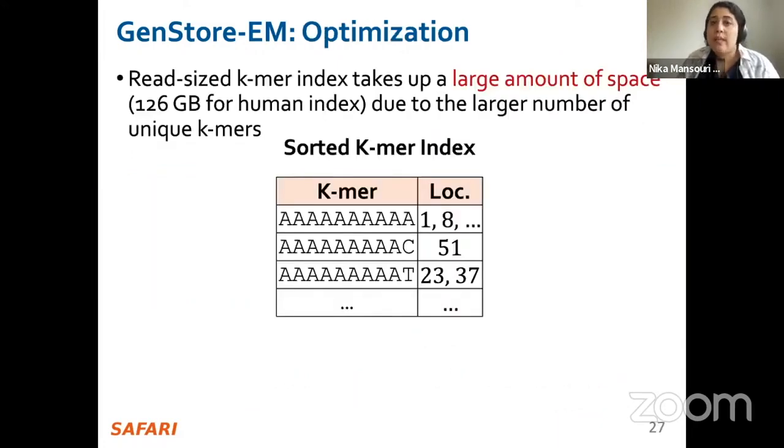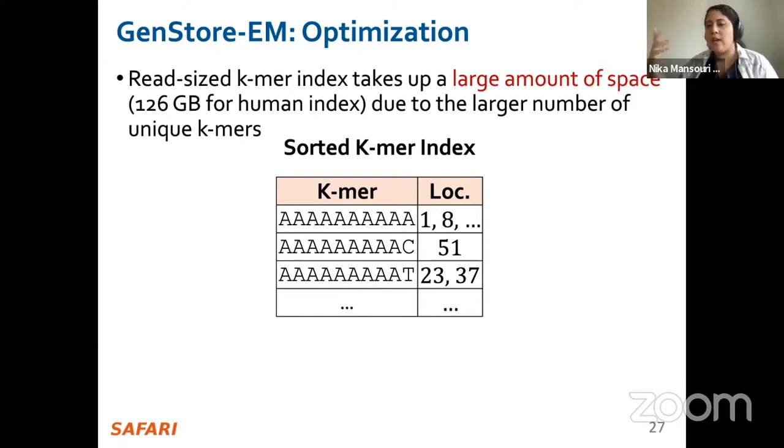So despite the key benefits that I talked about till now, that the sorted read-size k-mer index will provide, this index actually takes up a larger space. So 126 gigabytes for the human index as an example.